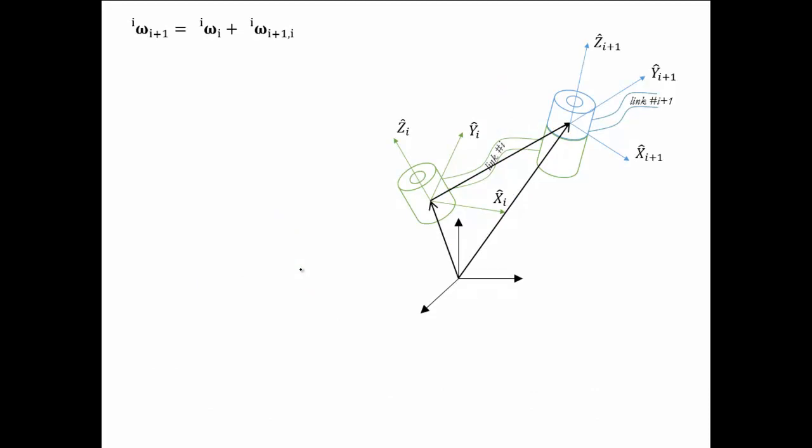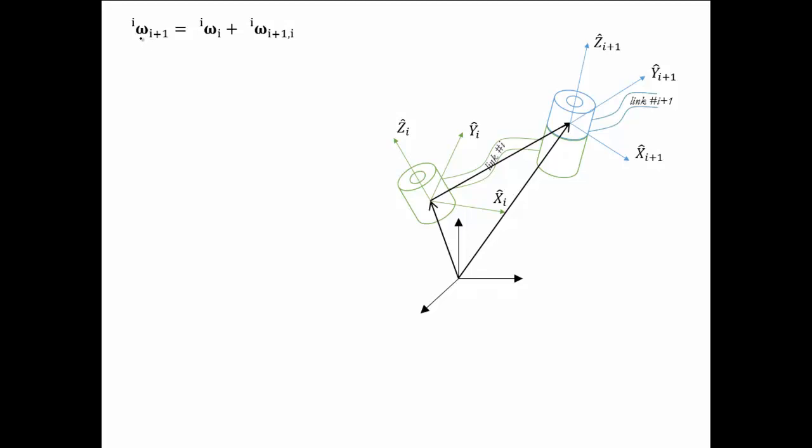Now if you see from the top, we have omega I plus 1 I. Please be careful here that this type of notation, where we have I plus 1 on the right bottom side, subscript side, and I on the left top side, is not similar to what we had seen for the rotation matrix, where we have the subscript and superscript on the left side, which would specifically mean transformation of some vector from frame B to A. But in this case it has a different meaning.